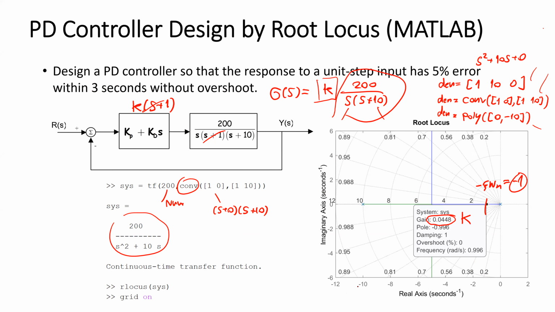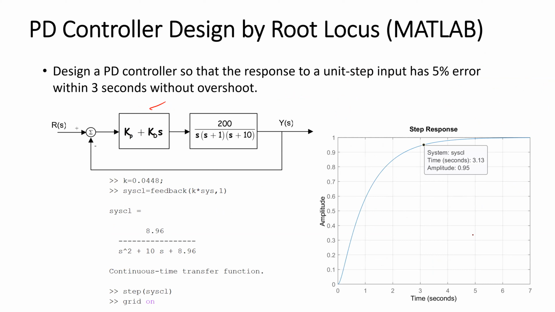Agree with the analytical solution. And at this point, it's still along the real axis. So overshoot 0%.